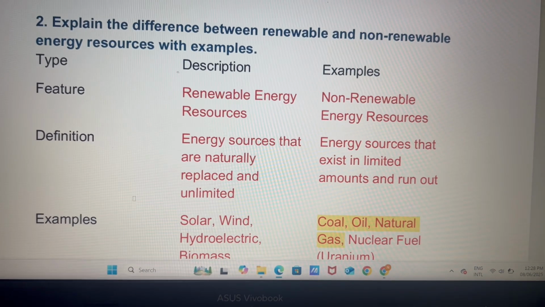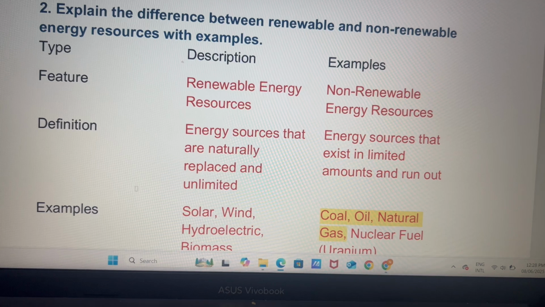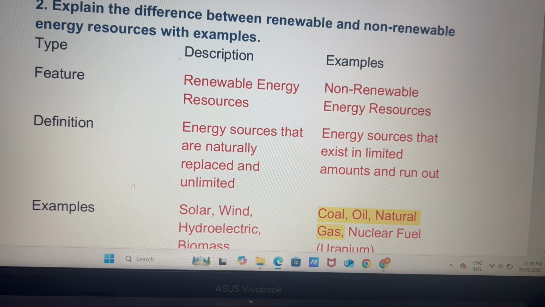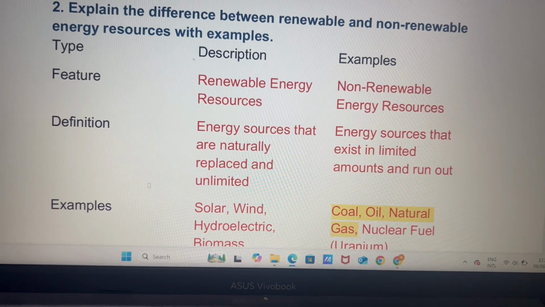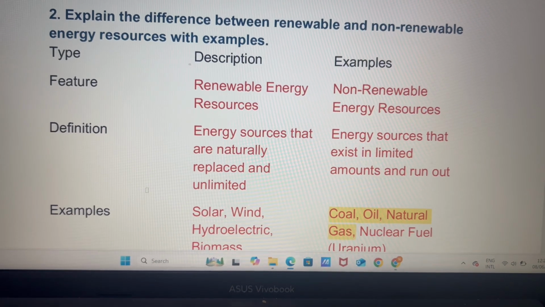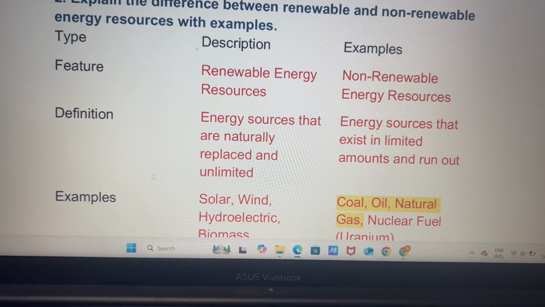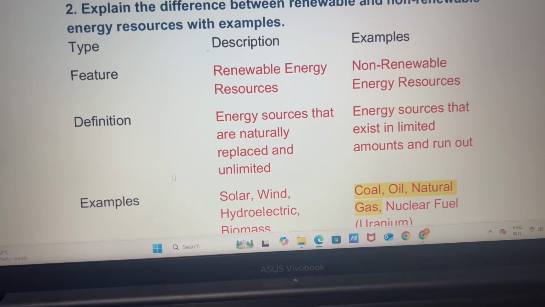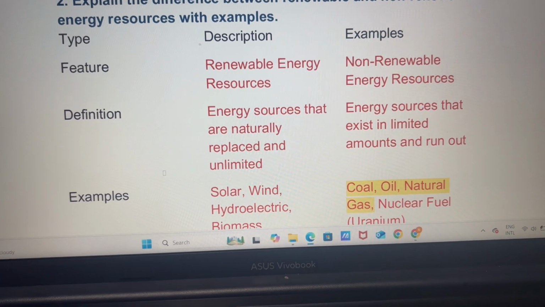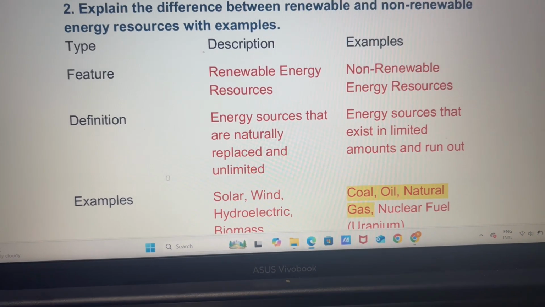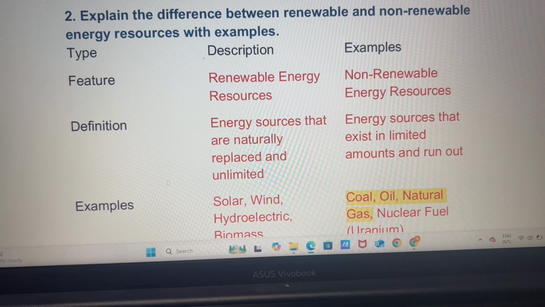The questions are not hard, the answers are not hard, most of them are already here, but they are long, and you cannot waste any time, because if you spend a few minutes thinking about one question, you will not have enough time to write all the answers for the exam.